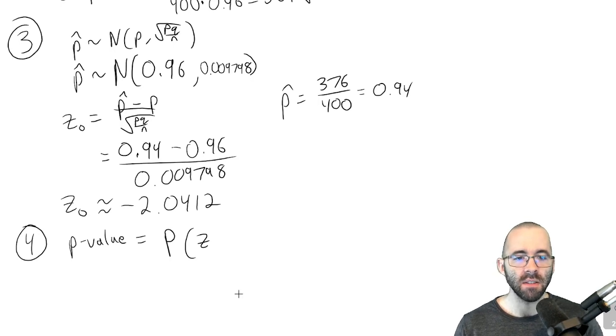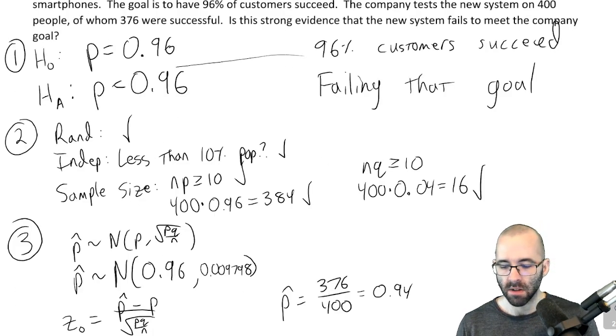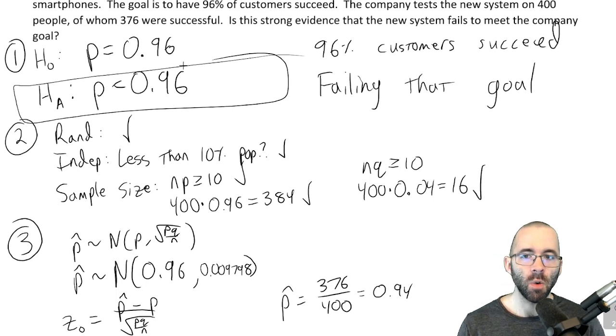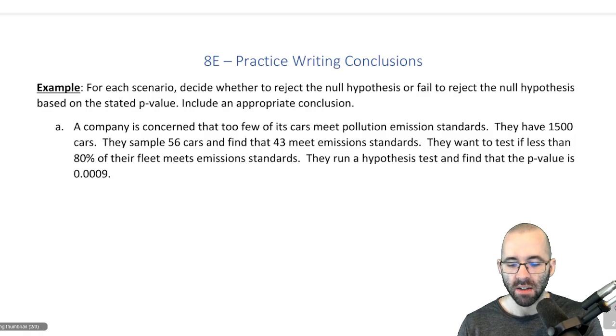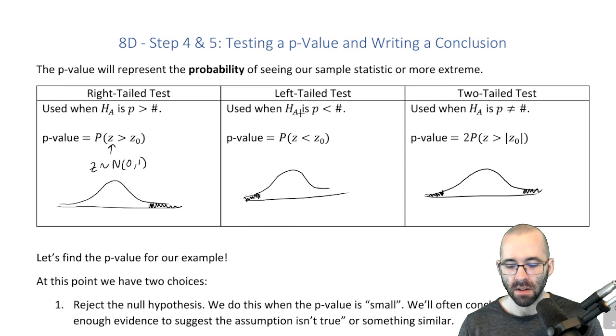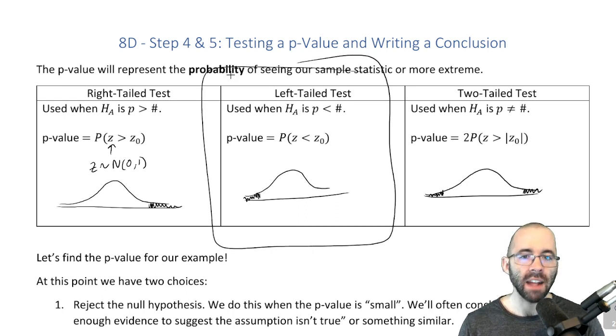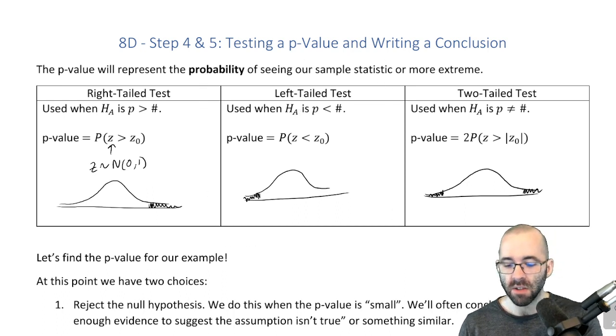Left-tailed, right-tailed, or two-tailed? What do you think? It depends on the alternative hypothesis. We have a less than. Which one was that? That's this situation. So the p-value is going to be the probability that z is less than our test statistic.